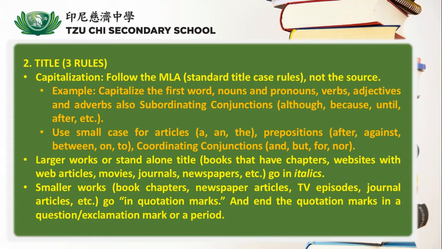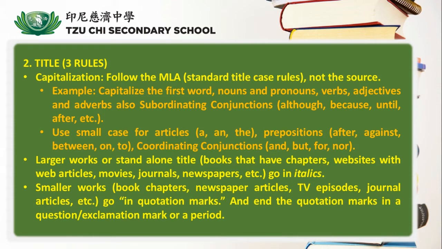For example, capitalize the first word, nouns and pronouns, verbs, adjectives, and adverbs, and also subordinating conjunctions such as although, because, until, after, etc. And use lowercase for articles such as a, an, the. And then prepositions such as after, against, between, on, to. And also the last one, coordinating conjunctions such as and, but, for, nor.